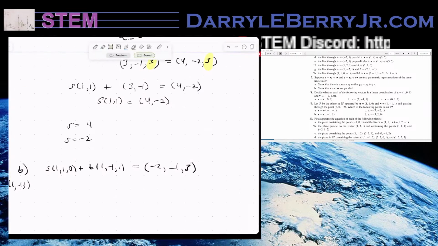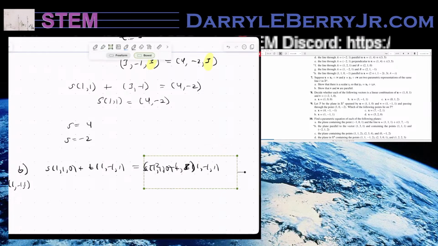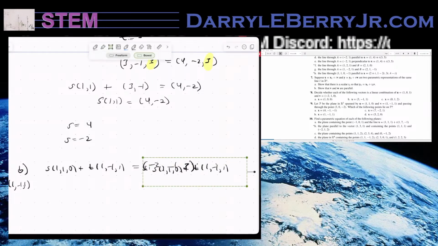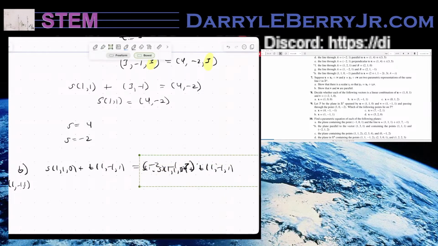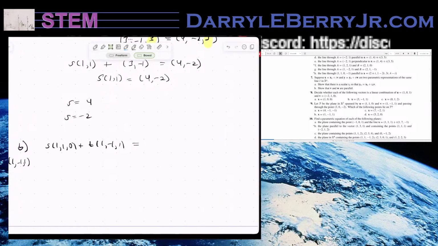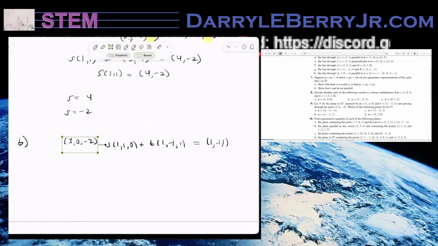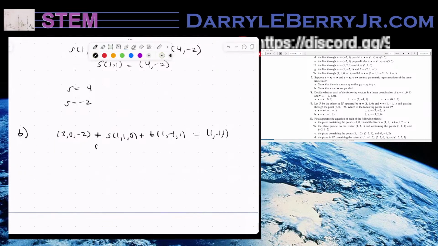And let me actually make more steps so you can be clear about what I'm doing there. So this is what we're looking at. So I'm just going to bring that to the other side.